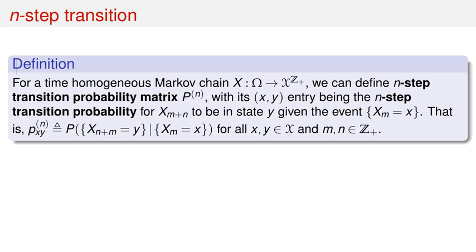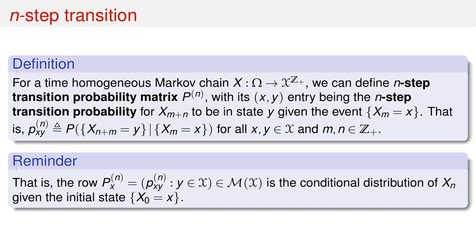That is, the n-step transition probability from x to y is defined as the probability of the set X_{n+m} equals y, given the set X_m equals x, for all x, y in 𝒳 and m, n in ℤ₊.